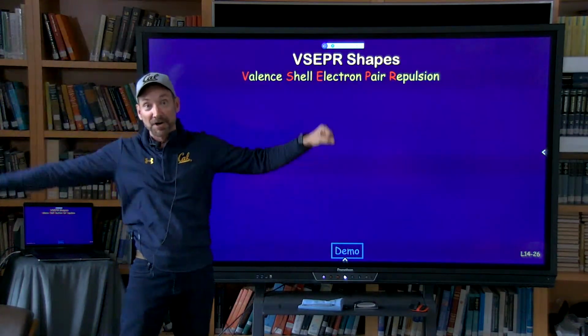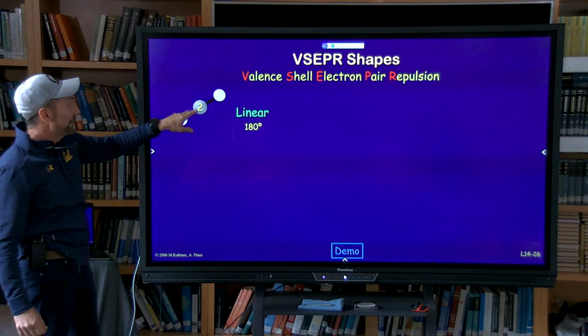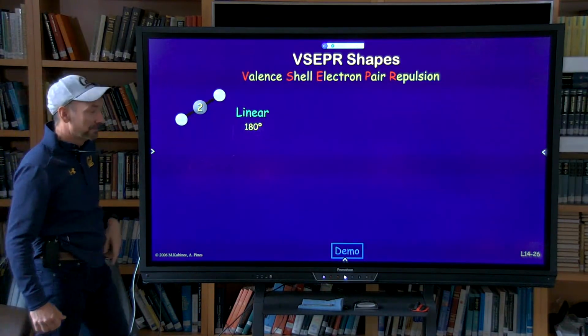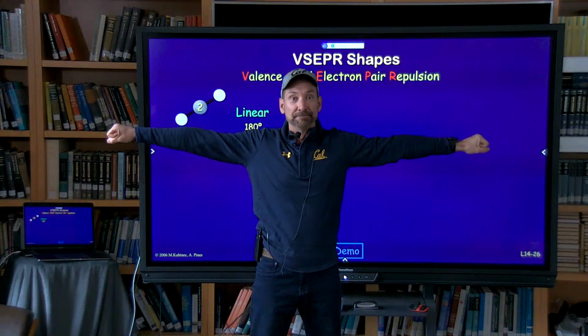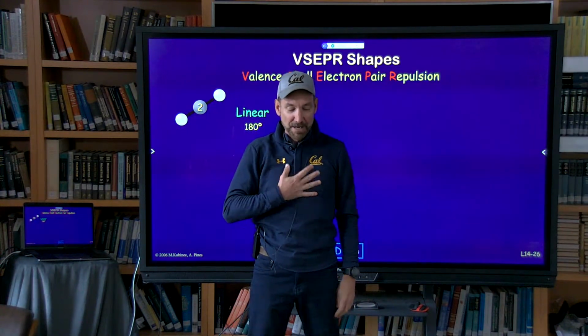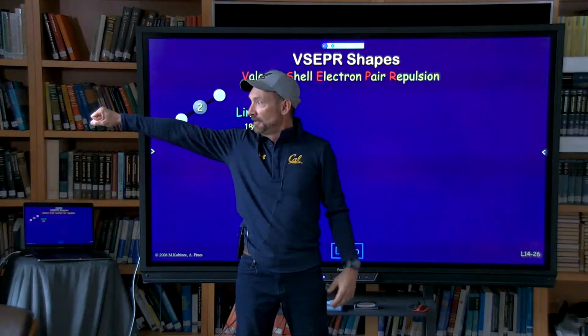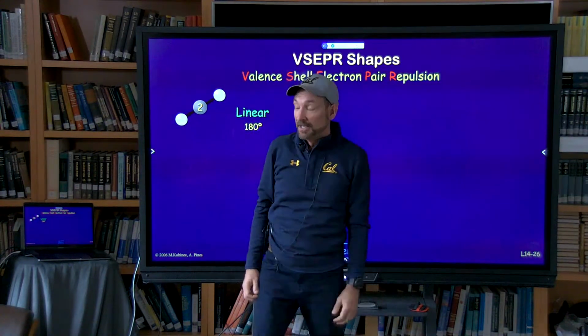How do I get them as far away as possible from each other? I think it's probably obvious too, if your steric number is 2, that is you have 2 things, the farthest away you can put them is 180 degrees from each other. So that's pretty clear. I am the central atom, on my chest. I have 2 atoms that I'm bonded to. 180 degrees is as far away as I can get.